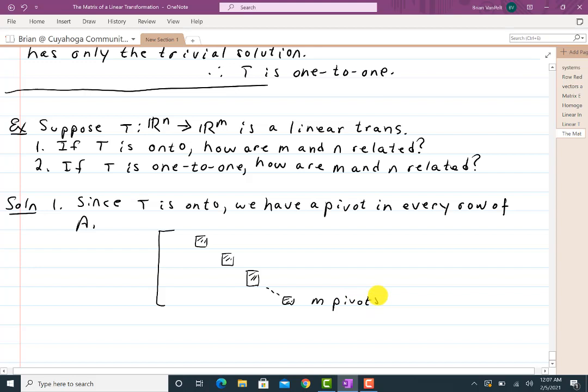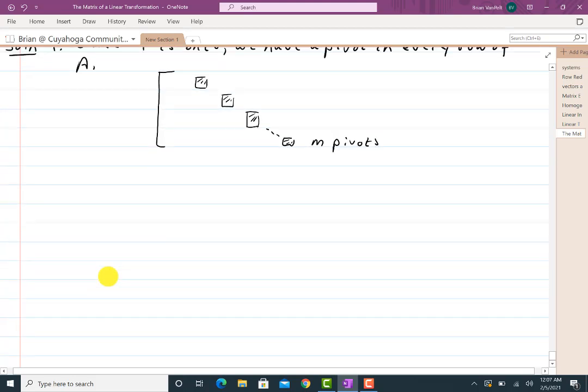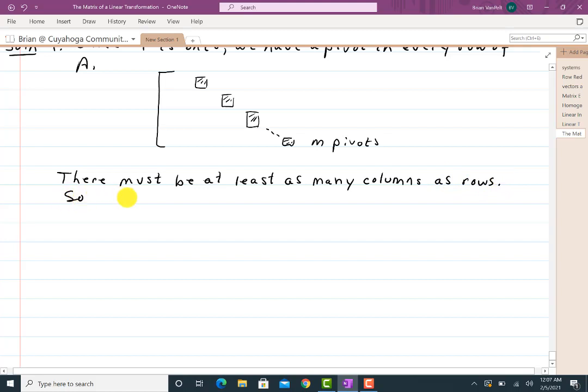Since we're moving down and to the right, there has to be at least as many columns as there are rows. So n is greater than or equal to m.